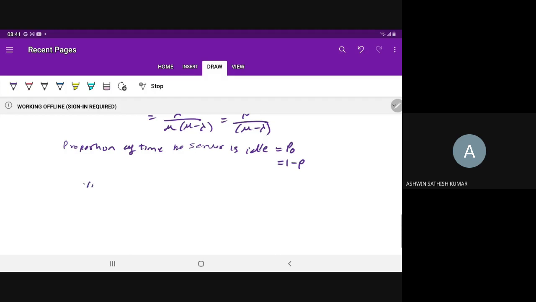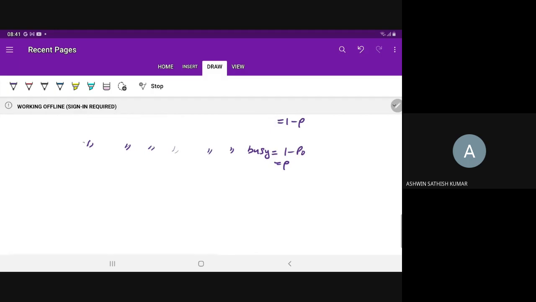Similarly, if you have to compute the proportion of time the server is busy, it means we have a customer in the system, so it will be 1 minus P naught, which is rho. And rho is lambda upon mu.